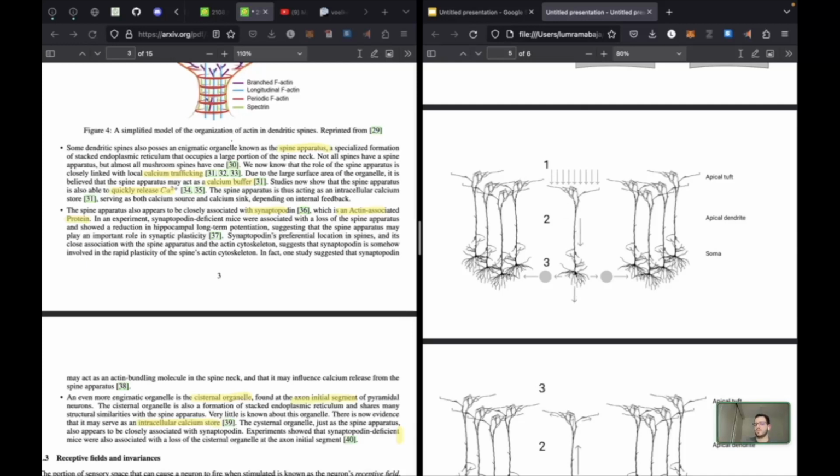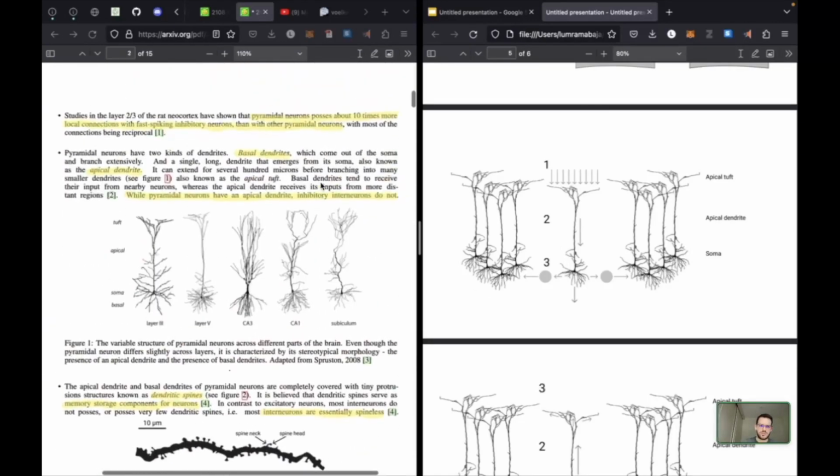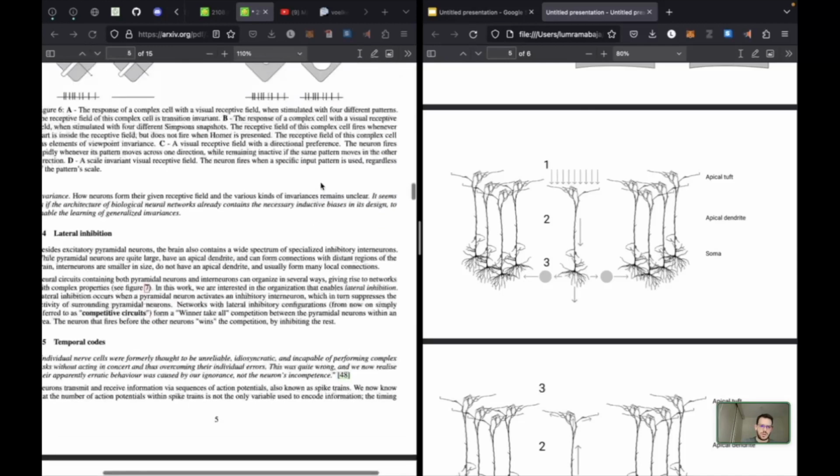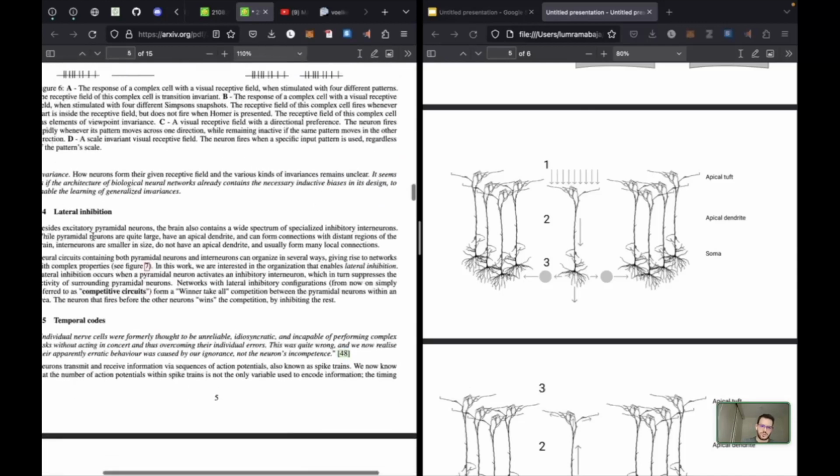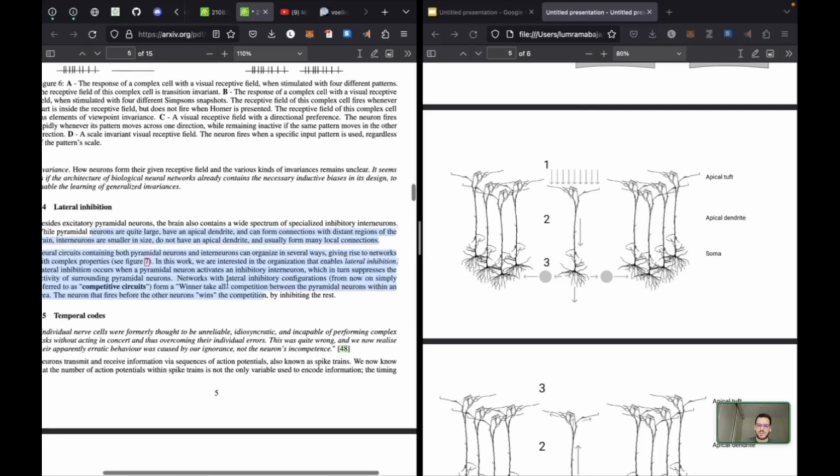And what happens here that is interesting, there is a configuration of interneurons and pyramidal neurons that is known as lateral inhibition. Lateral inhibition is briefly mentioned somewhere in the paper, in this paragraph, if you want to read a bit more about it. Essentially, its configuration enables winner-take-all competitions, where the neuron that fired first will notify the interneurons, and the interneurons will turn off all the surrounding pyramidal neurons.